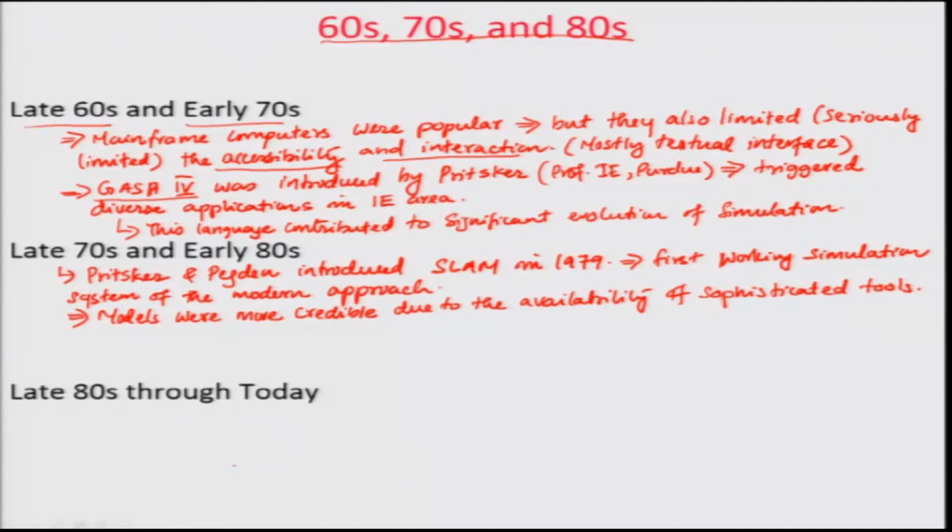So, what happened was that SLAM introduced the concept of sophisticated tools embedded into the language, rather than just a simulation programming language. So, it was a simulation language embedded with sophisticated tools, so that we can build more credible models. The end result was that the models became more credible.